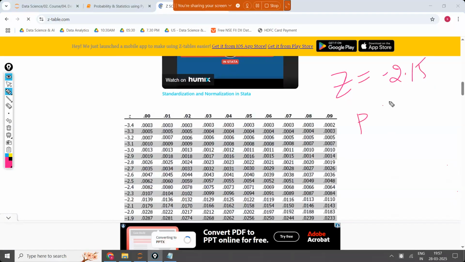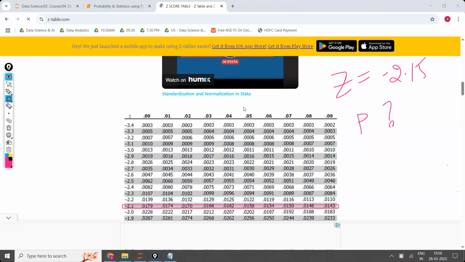For this, what is the corresponding probability? What is the answer, guys? For minus 2.15, anyone? What is the answer? So 2.1 means this row. In this line, 0.5. What is the answer?